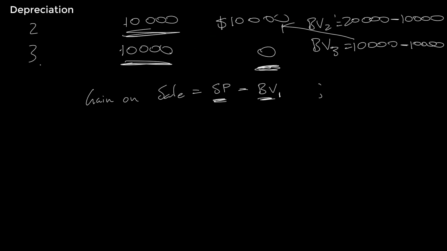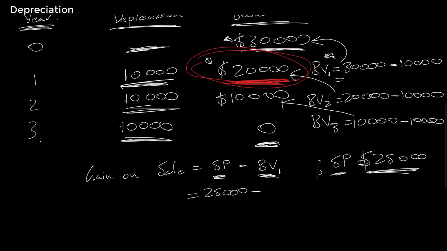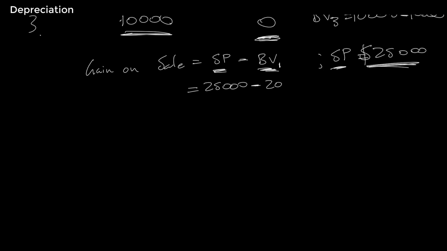Let's just assume, for argument's sake, that we're selling this particular ice cream cart for $25,000, which is not too bad. The gain on sale in this case will be 25,000 minus our book value in year 1, which we calculated to be 20,000. And that evaluates to a gain on sale of $5,000.